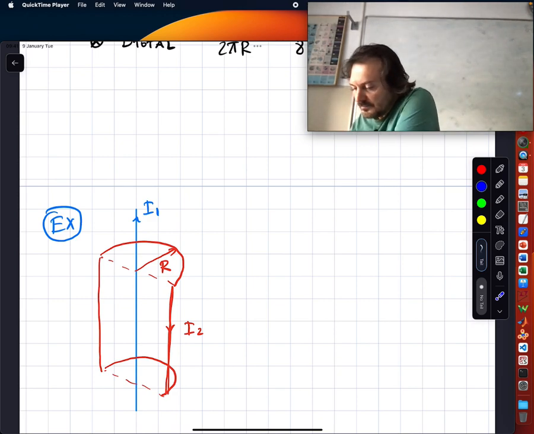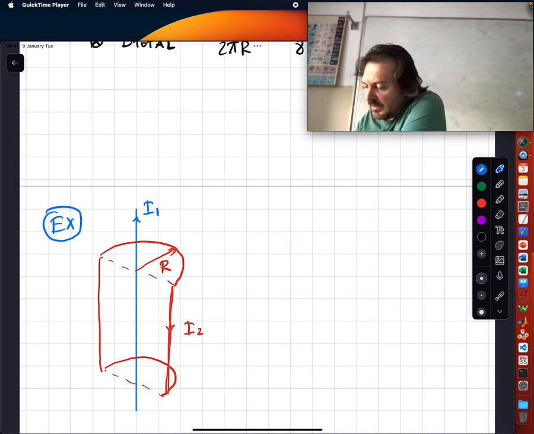So, let's calculate the force on these sides first. Okay? How would you calculate them? So this current is generating magnetic field in this direction, right?